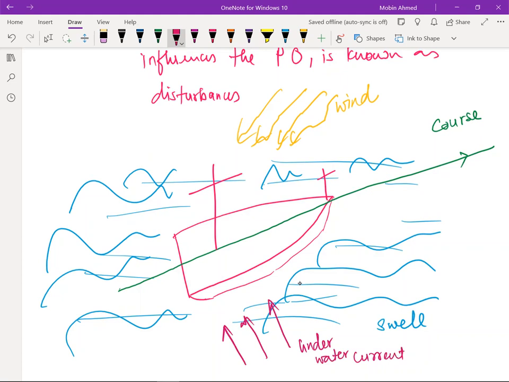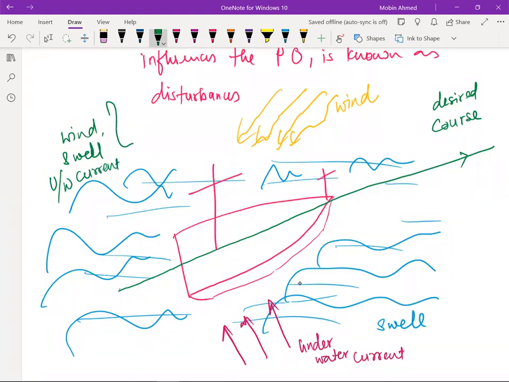That means the ship cannot maintain the desired course, correct? It is not going to maintain this desired course due to the disturbances. So this is the wind, swell, underwater current.